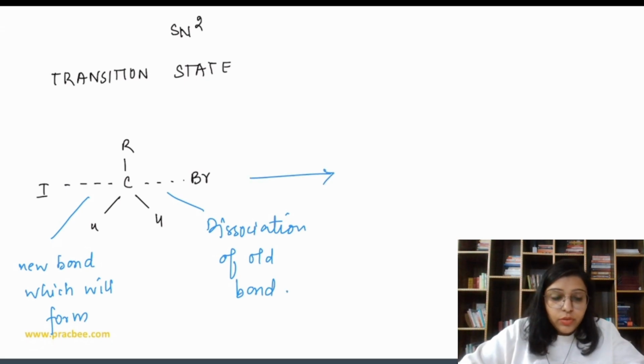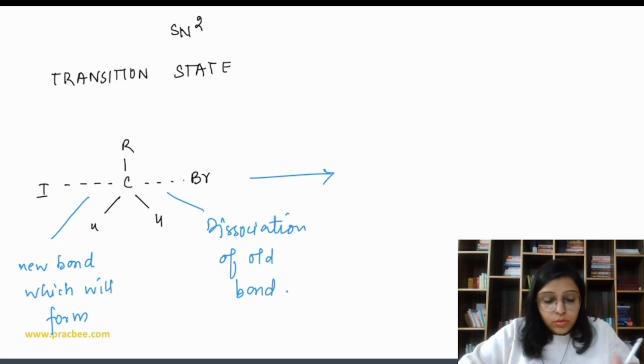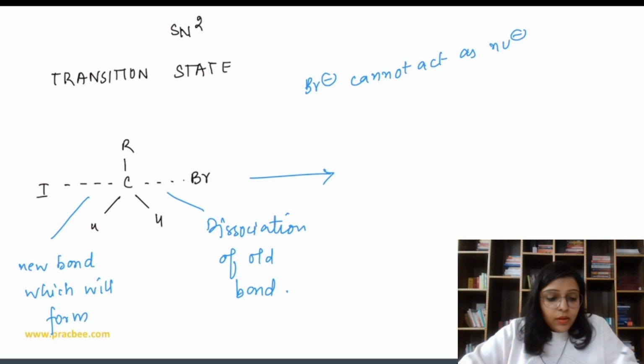Now what happens? Slowly the new bond is going to form and the old bond is going to dissociate. So right now at this position Br minus cannot act as a nucleophile. Why? Because it is in association.